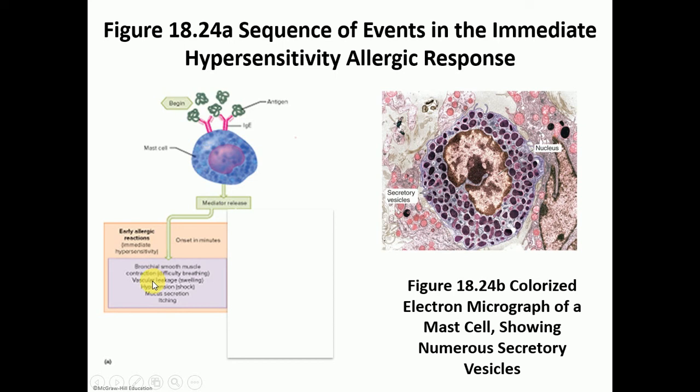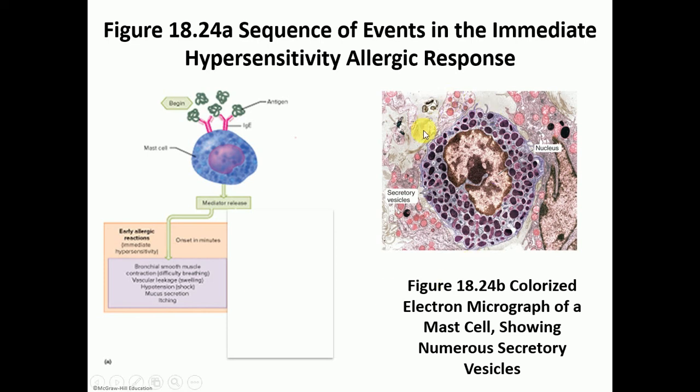Now that is going to lead to massive vasodilation, leading to swelling and edema, difficulty in breathing, hypotension and shock, and massive production of mucus, making it very hard to breathe, and itchiness. Okay, so that is how this occurs.